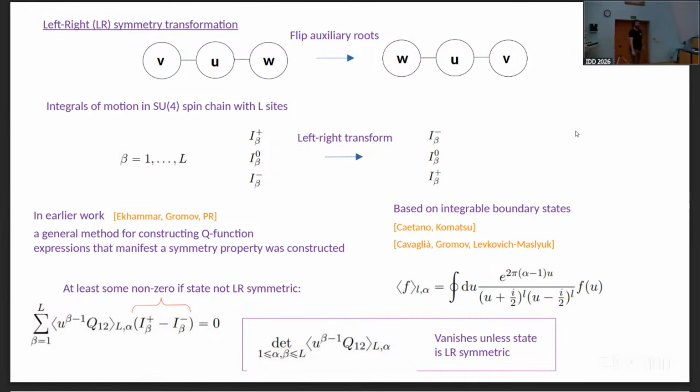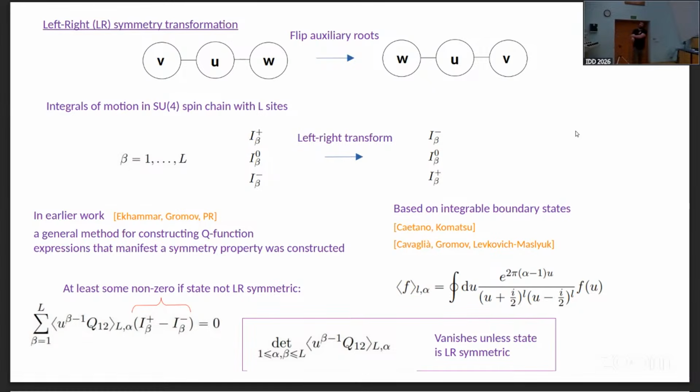So we have a symmetry transformation which implements this left-right transform. In earlier work with Simon Eckhammer and Kolya Gromov, we constructed a general framework for making such symmetry transformations manifest at the level of Q functions, which is ultimately based on looking at integrable boundary states, which of course Charlotte has worked a lot on.